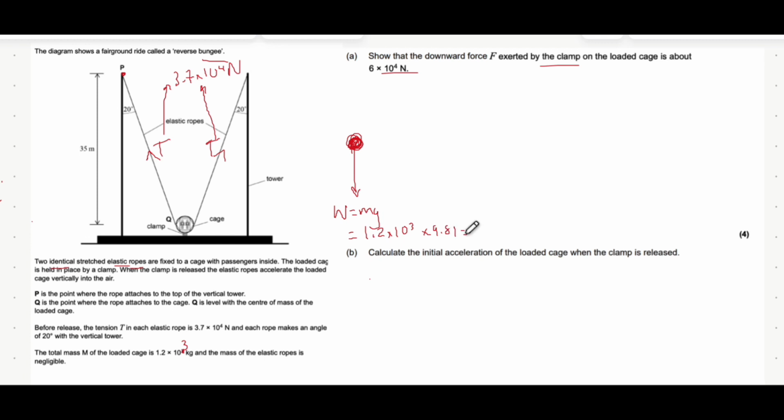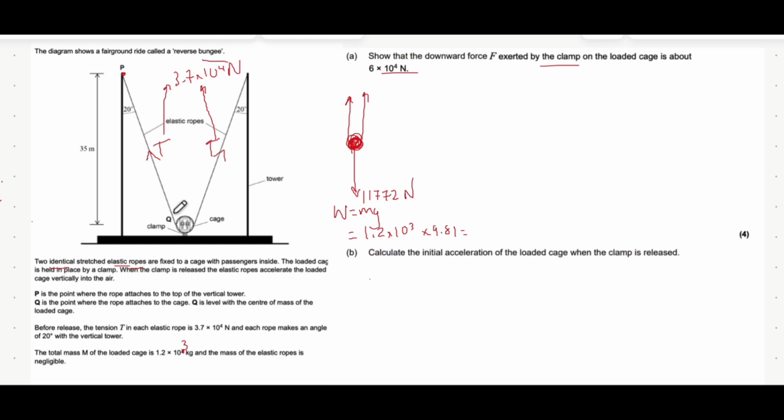I'm just going to type that into my calculator quickly. And that's equal to 11,772 newtons.